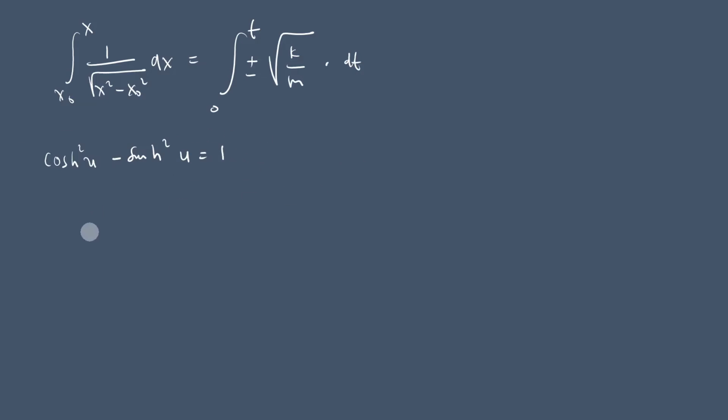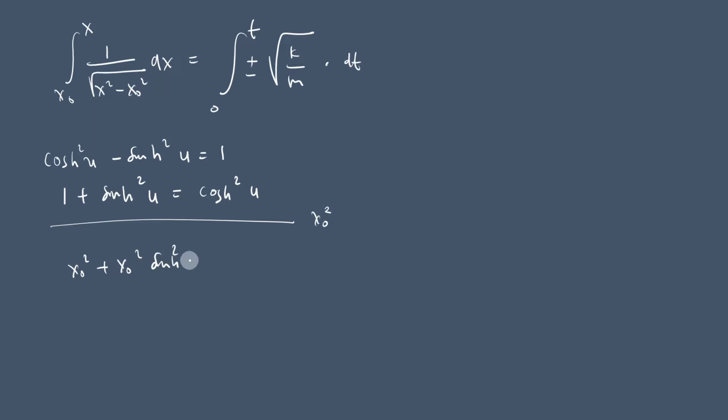We move sinh squared, and we can rewrite this as 1 plus sinh squared equals cosh squared, times x0 squared, and we get x0 squared plus x0 squared sinh squared u equals x0 squared cosh squared u.